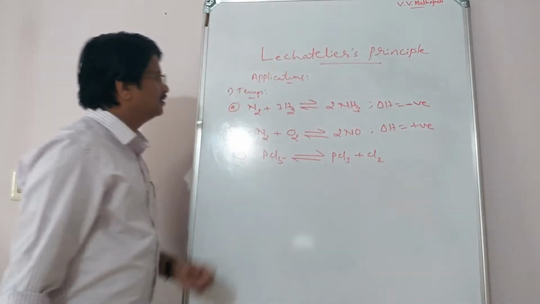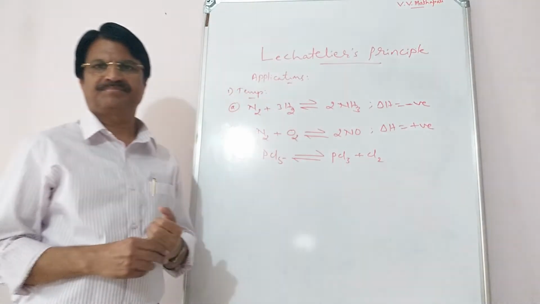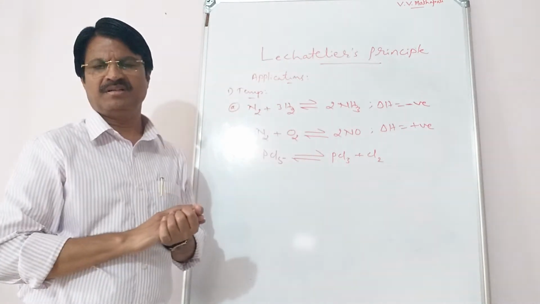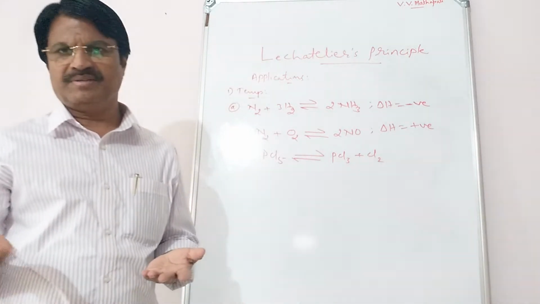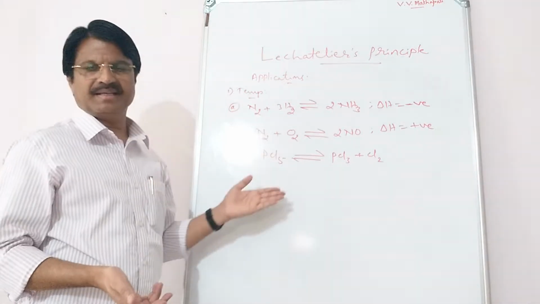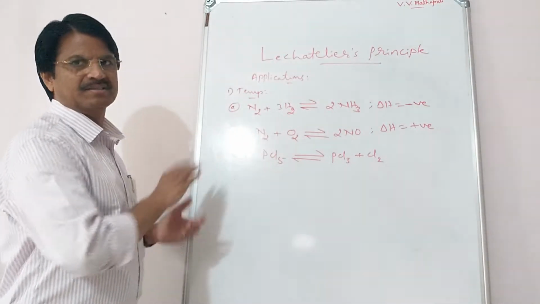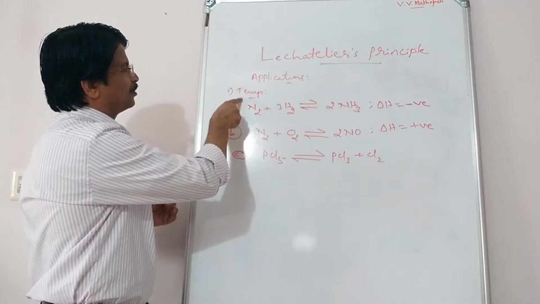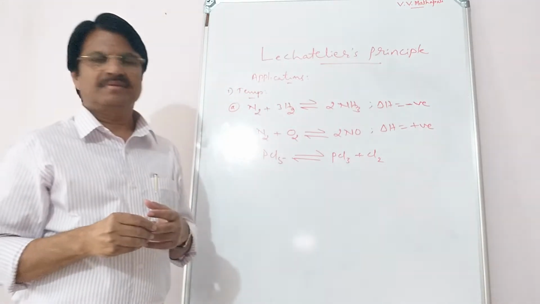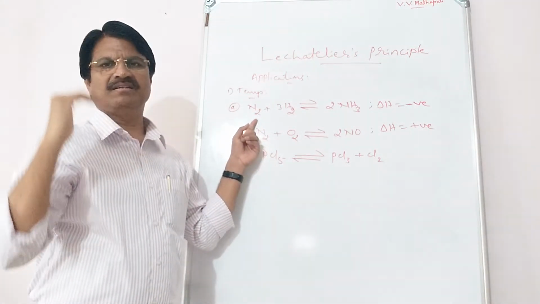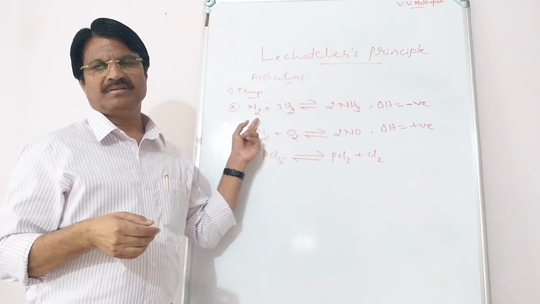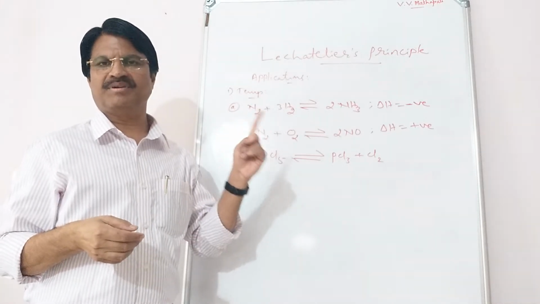First I will cover the effect of temperature, then the effect of concentration, effect of pressure, adding inert gas and catalyst. According to the statement, if temperature is raised, endothermic reactions are favored.